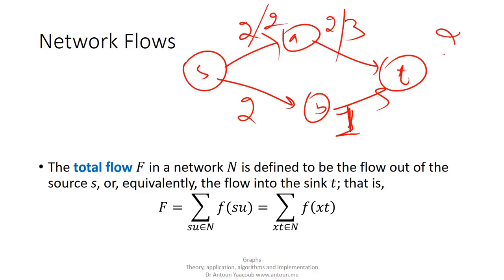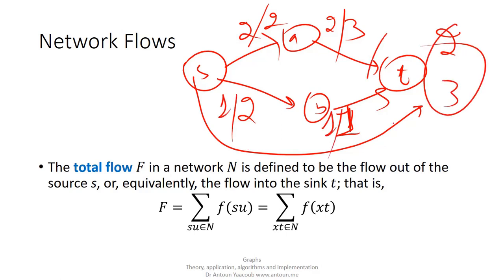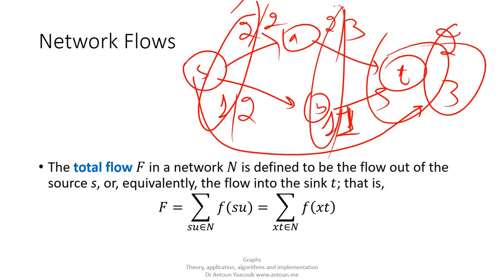So I can reach just 2. However, this is not the maximum flow that I can send. I can also send 1 along this other path, 1 here and 1 over 1. And in the sink I can reach a flow of 3. So the flow that goes out of S is equal to the flow that comes into the sink. We need to find ways to calculate and maximize this flow.